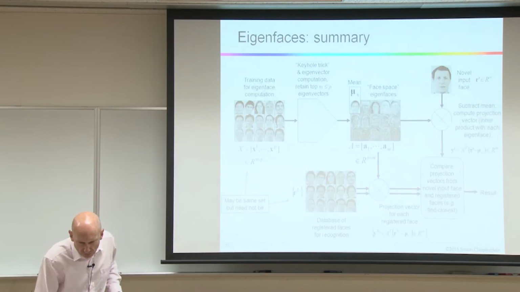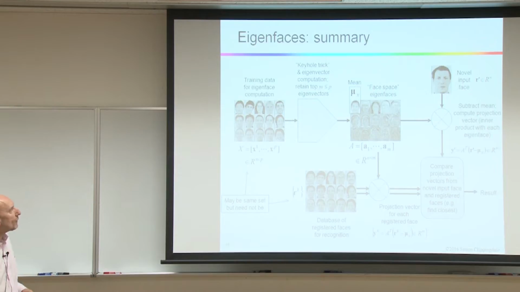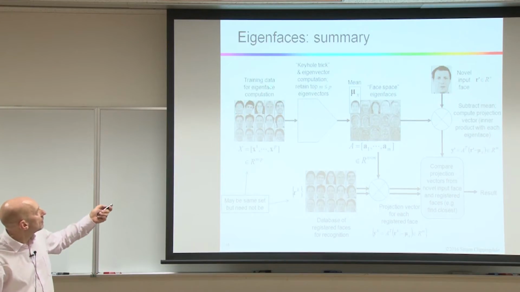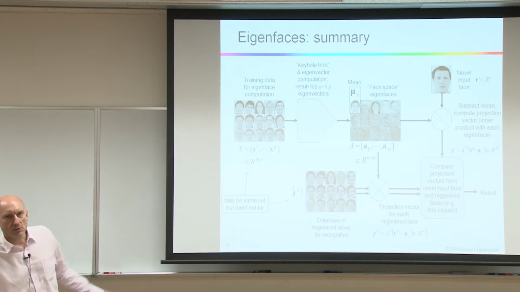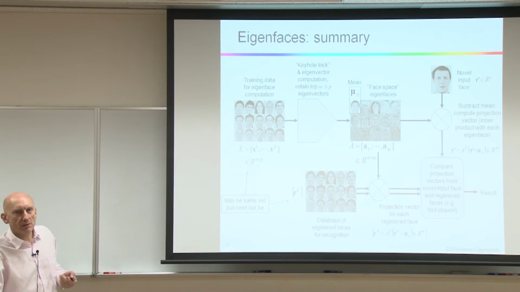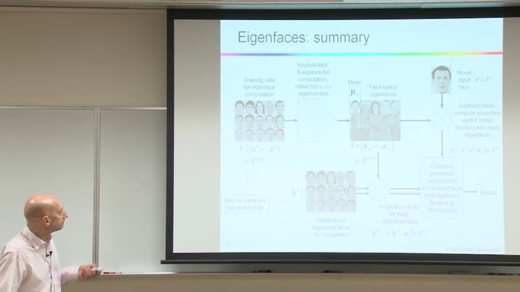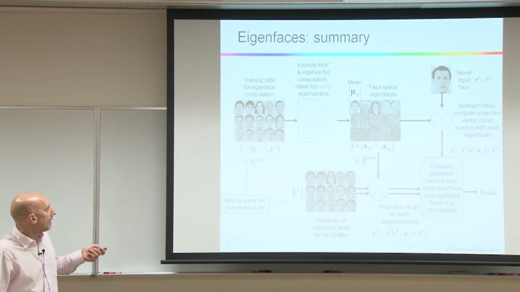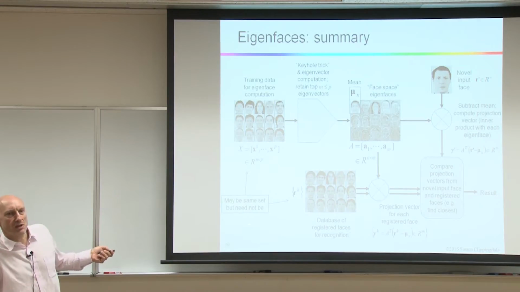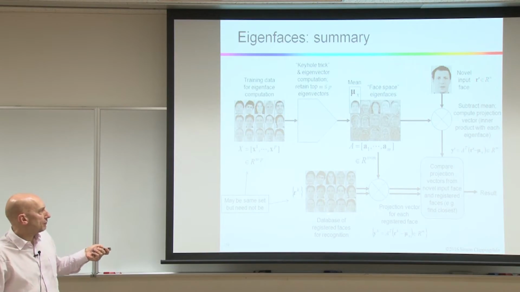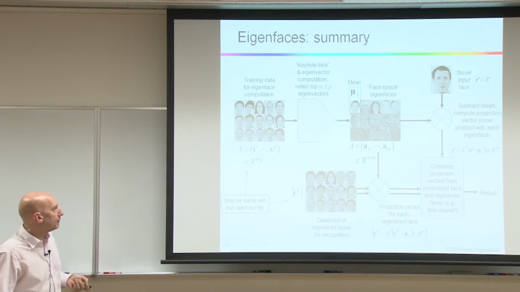Too many words and not enough pictures. Here are some pictures. So here's the training data that we use to compute the eigenspace in the first place. That may or may not be the same as the set of faces that you want to recognize.